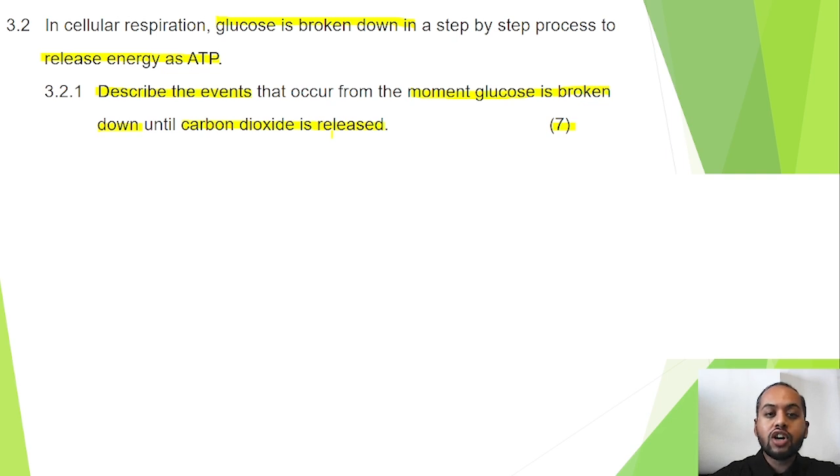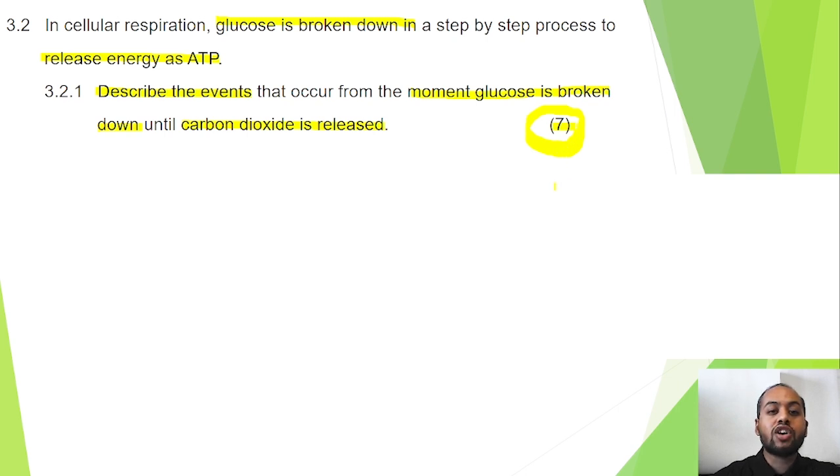So you first have to ask yourself the following question. In which stage is glucose broken down? It's broken down in glycolysis. Next question you ask yourself, in which stage is carbon dioxide released? It's released in the Krebs cycle. So when you are going about answering your question for 7 marks, what will your answer comprise of?